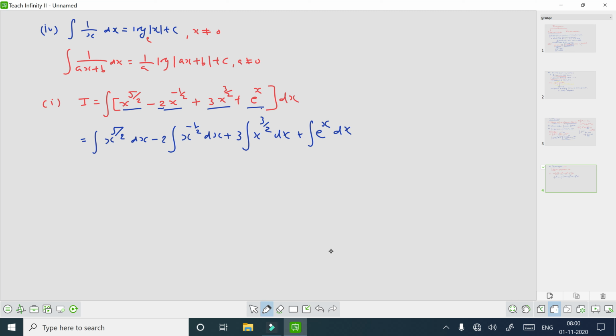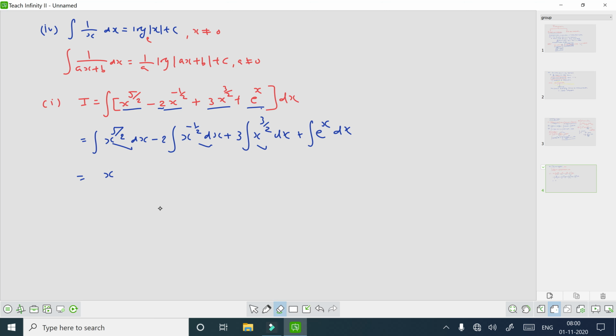Here each one is of the form x raised to n, so use that form: x raised to n plus 1. 5 by 2 plus 1 comes out 7 by 2. Clear?